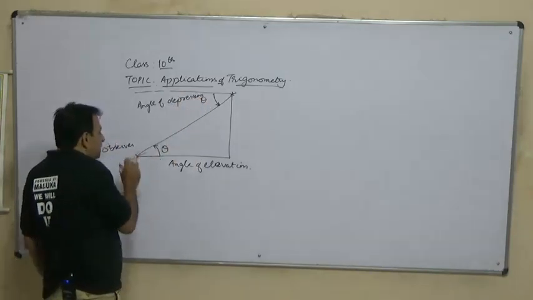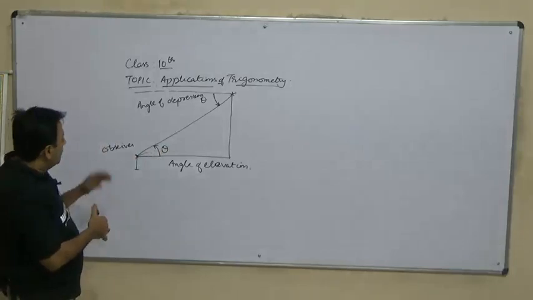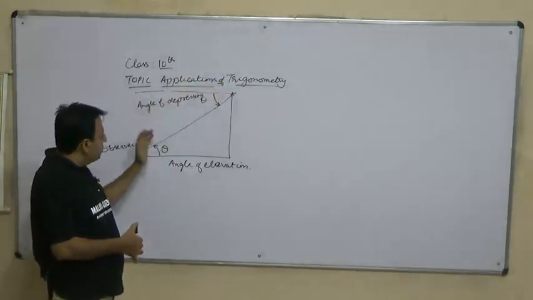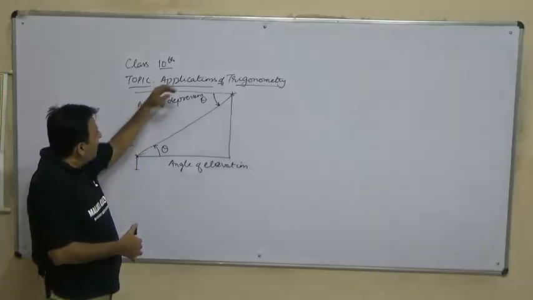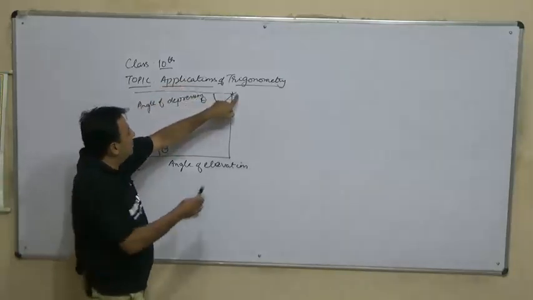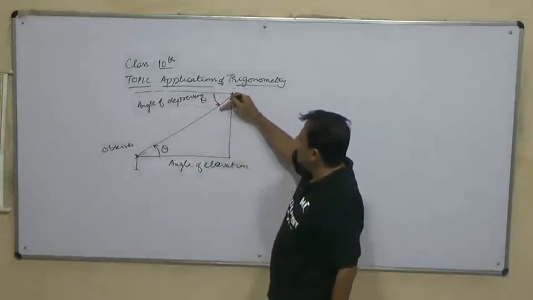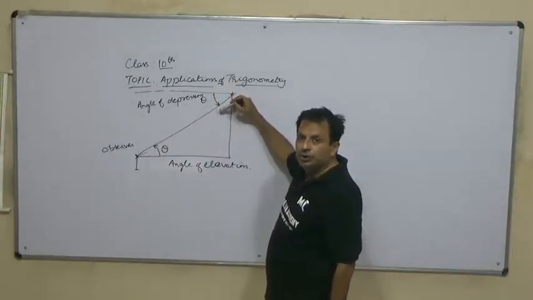Whenever we see objects at some higher place, we raise our eyes, and when we look at an object at some lower position, we lower our eyes.